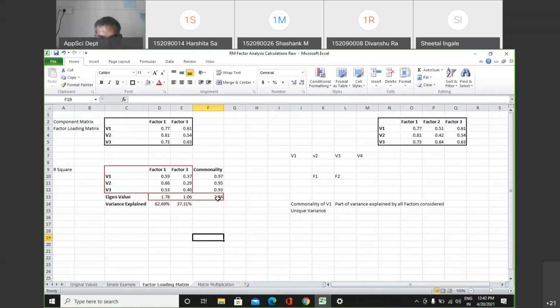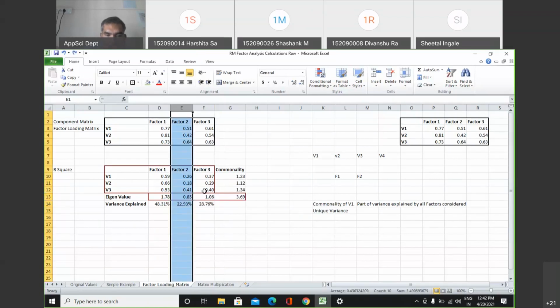Now this is the commonality. Commonality, as you see, is decreased. As we removed factor 2, all the variation in V1 is not explained. 0.3% of the variation is not explained. Earlier, this much was explained.